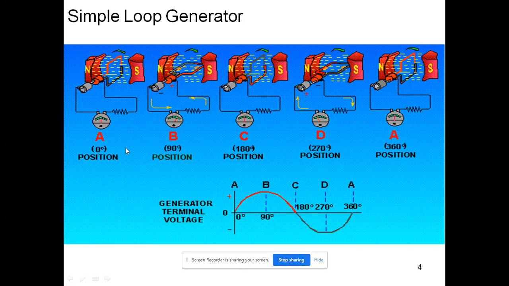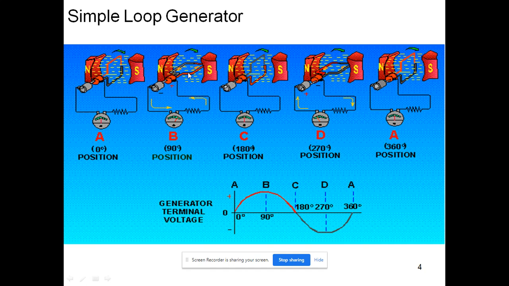In a simple loop generator, let us see how an EMF is generated. When the rectangular coil is in vertical position, that is when theta is equal to 0 degrees, the EMF induced will be 0 since there is no cutting of flux.